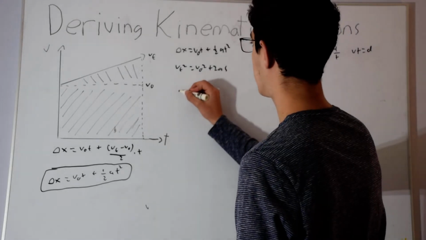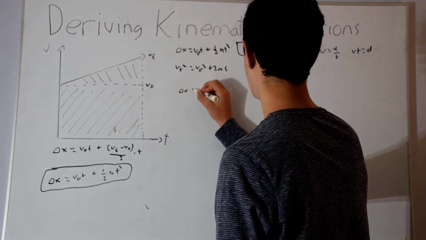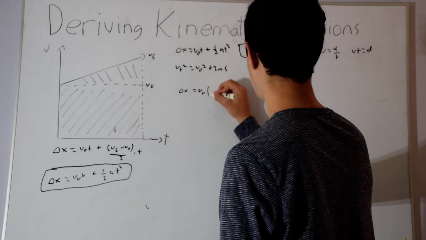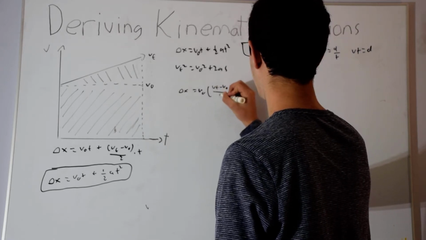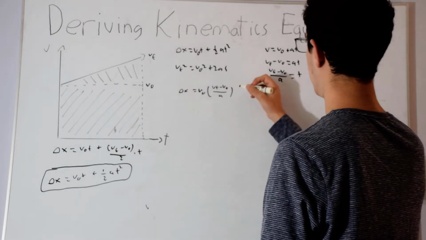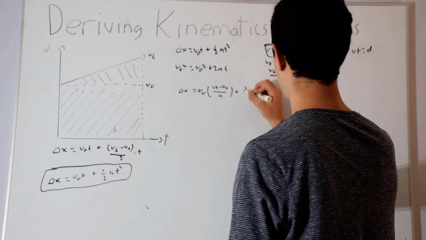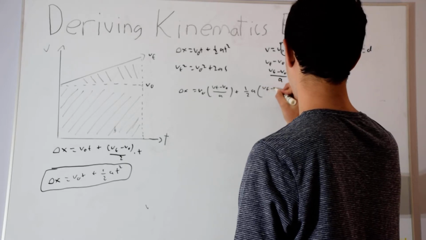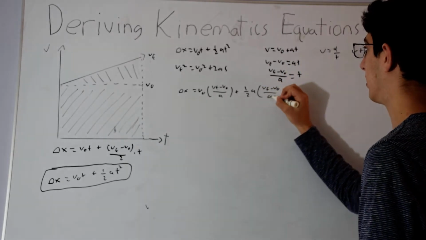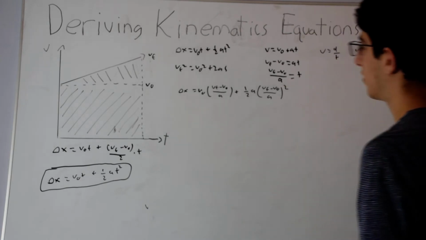Change in x equals v0 times v final minus v0 over a, right, I'm replacing time, plus 1 over 2a times v final minus v0 over a squared.